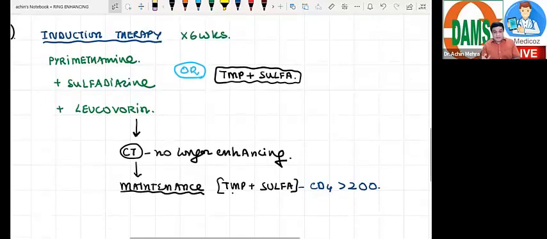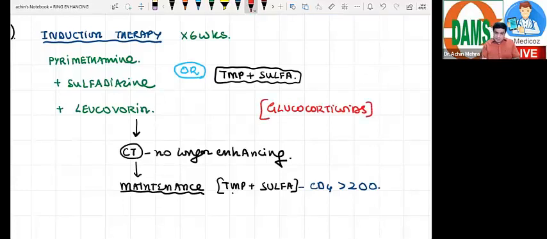Now, a word that we should remember: in these patients, one thing is strictly contraindicated. What? Glucocorticoids. As far as possible, we should avoid using glucocorticoids in them, for a very clear reason: if you give them, it will often mask the symptoms of the disorder.